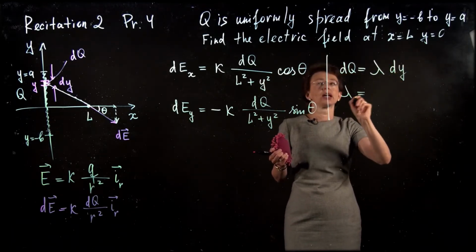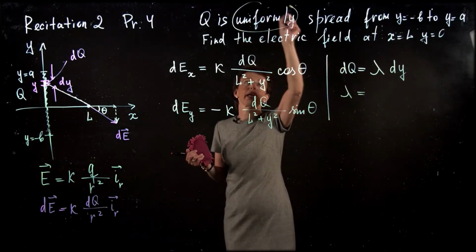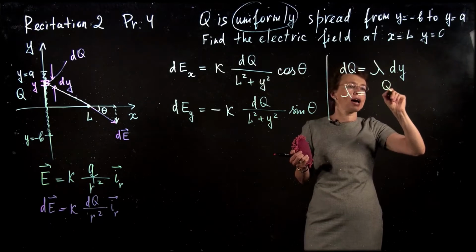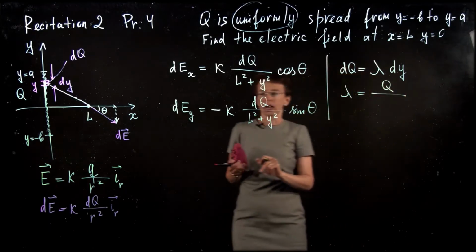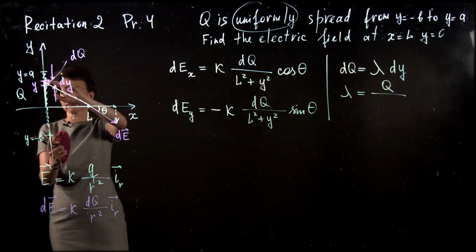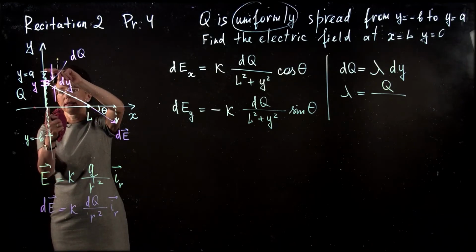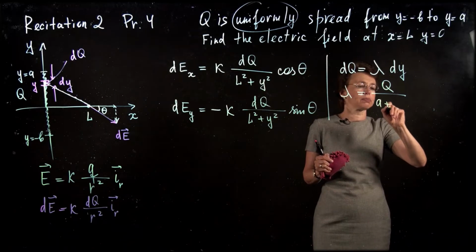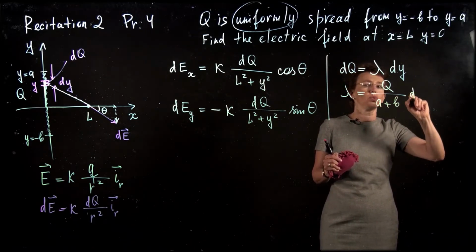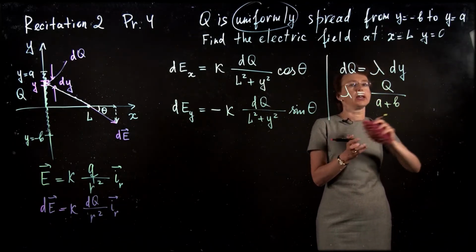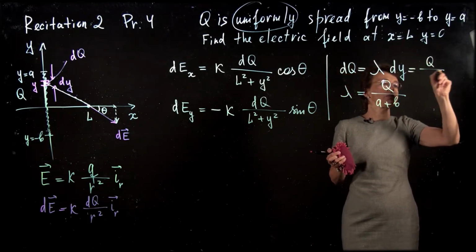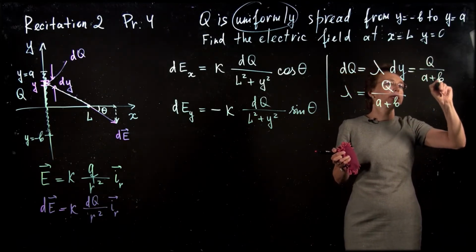Lambda is the charge uniformly spread over this rod, so lambda is just charge divided by length. Charge is Q, length is a plus b. Q over a plus b. This is lambda, and then I'll bring it here. So dq is Q divided by (a plus b) times dy.